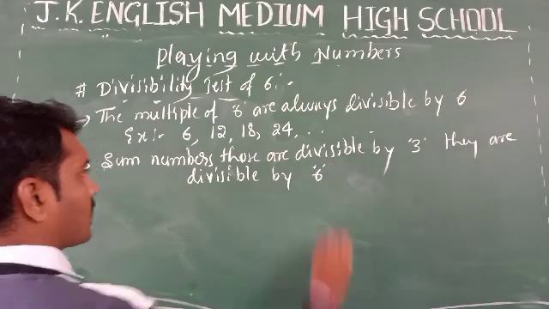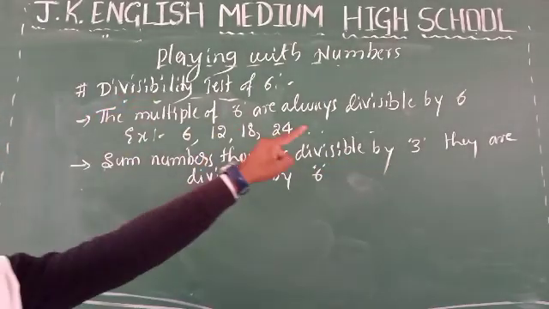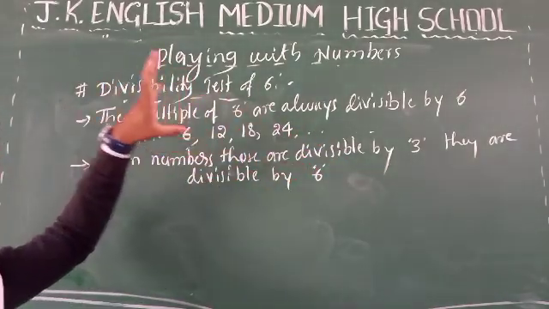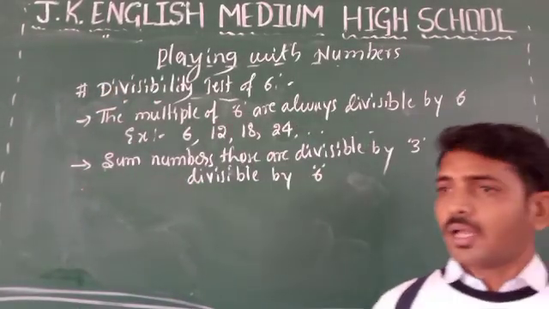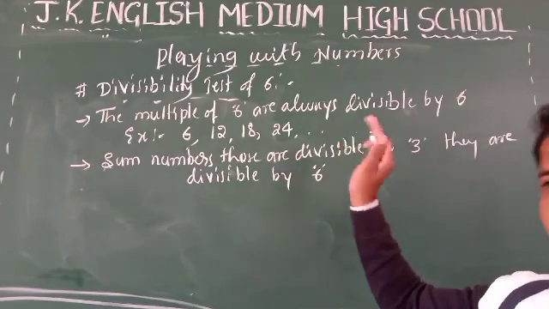Look in front once again. The multiples of 6 are divisible by 6. This is a common number, means already we have a number like 3.